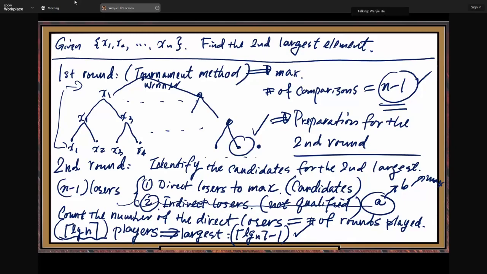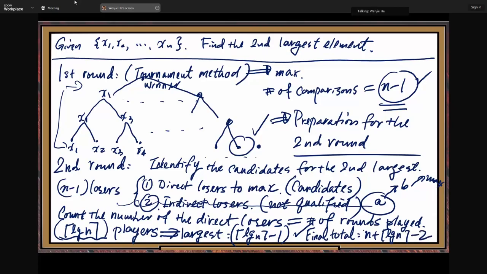So the final total number, these two numbers added together, plus the ceiling function of log base 2 of n, minus 2. That's the formula.